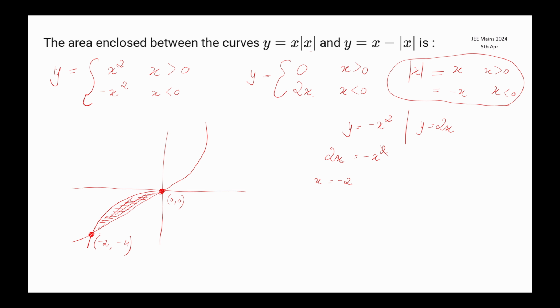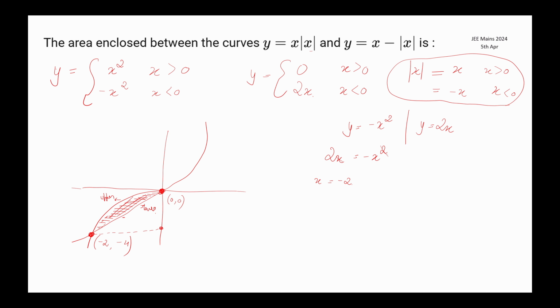Now what we can do is, instead of finding it on the x-axis, let us find it on the y-axis, because it would become easier for us. If we find the area on the y-axis, we can simply subtract this function minus our straight line, because if we rotate our entire coordinate axis by 90 degrees, this curve would become our upper function and this curve would become our lower function.